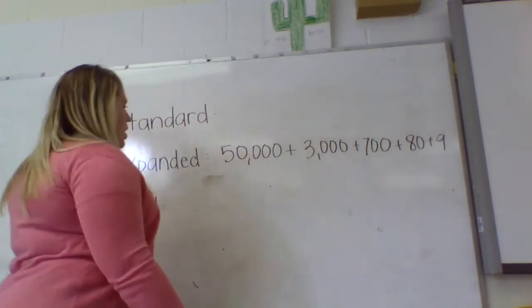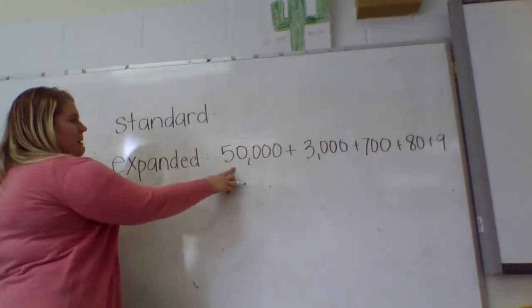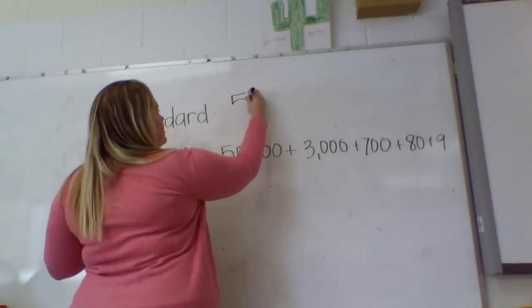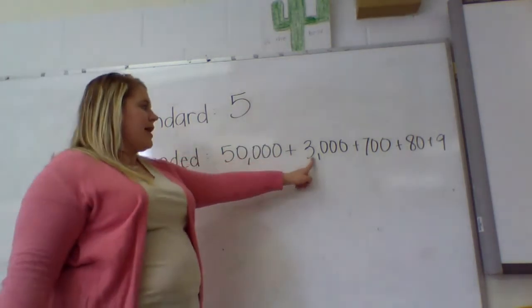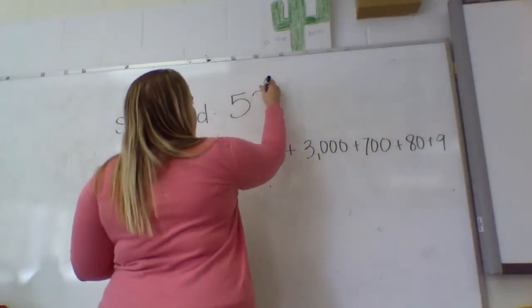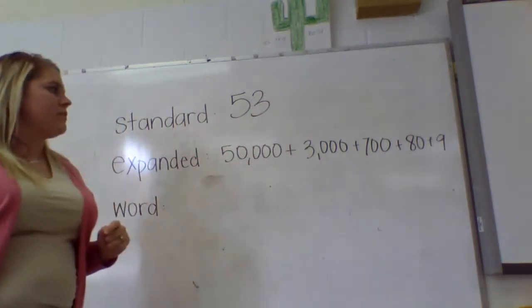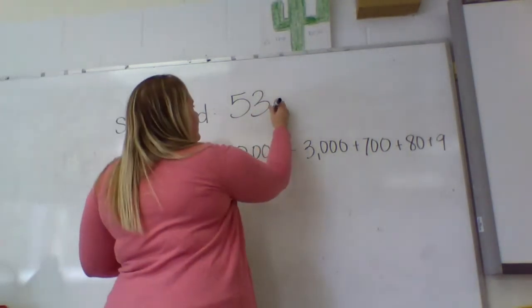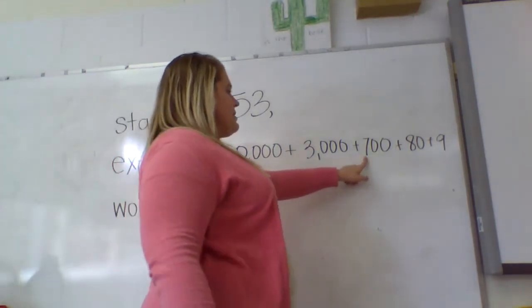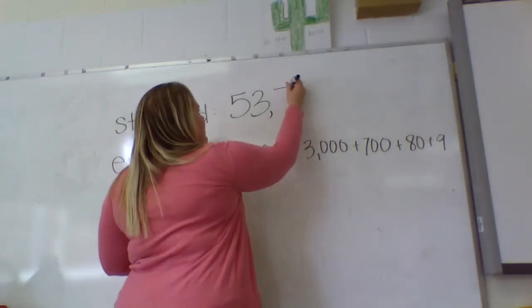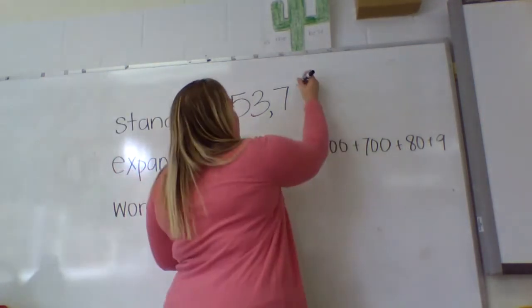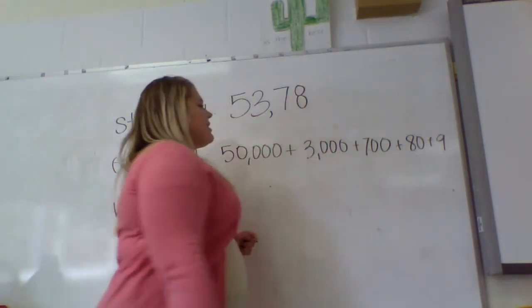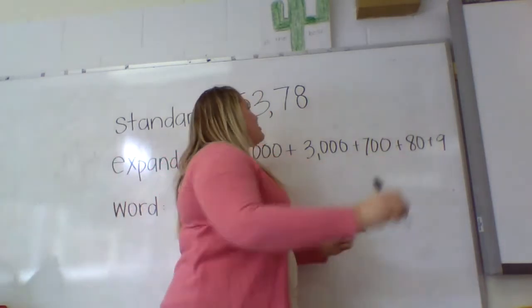Okay, so this is my biggest, and this is in the 10,000s. Now in my thousands place, I have 3,000, so I know that's represented with a 3. I'm going to put a comma because it's after my thousands. 700, so I'm going to have a 7 in my hundreds place. 80, that means 8 groups of 10, so I have an 8 in my tens place. And just 9 ones.